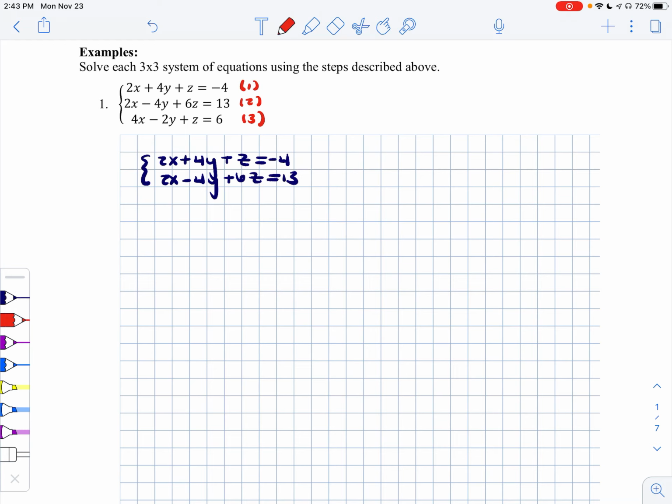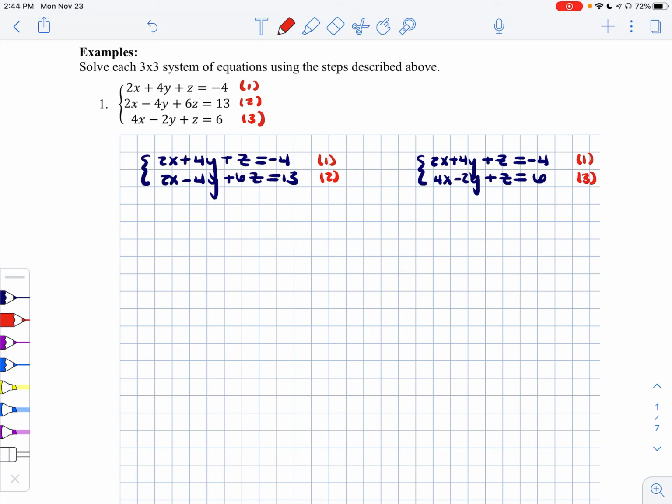Okay, so that's equations 1 and 2. And then for my second pair, I'm going to put together equations 1 and 3. All right, so that's equations 1 and 3.